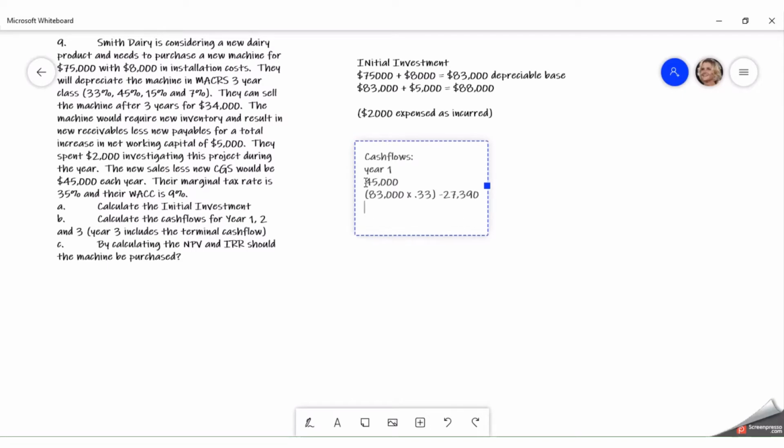So 45,000 minus the 27,390 gives us $17,610. And that is going to be our taxable income.